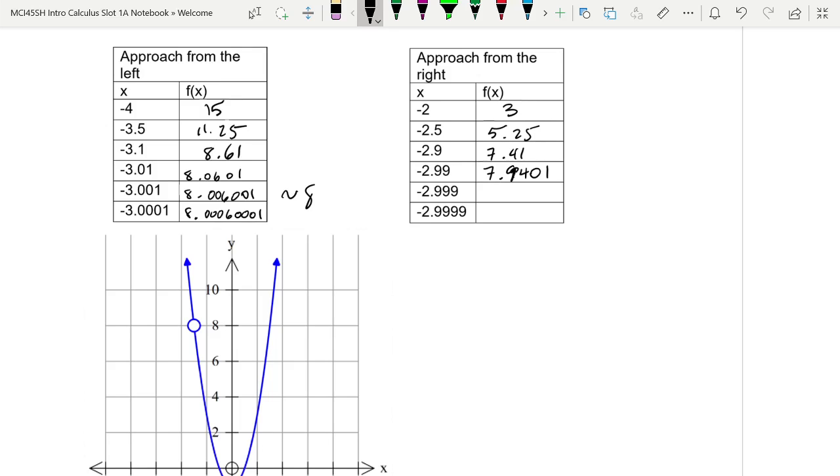And then -2.999 is 7.994001. And finally, the one that's 1/10,000th away from being -3 is 7.9994001. Pretty obvious that it is, again, approaching the number 8.